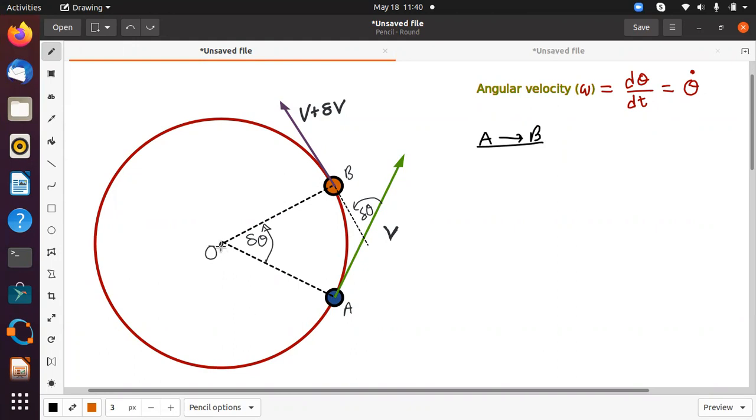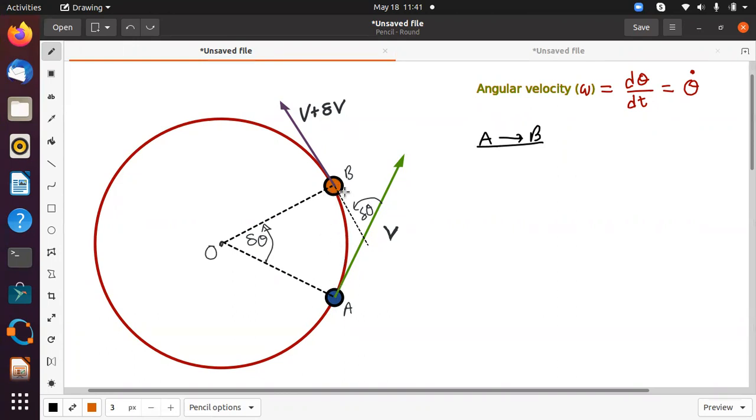This circle has a center at O. We have taken two positions, A and B. We're going to analyze the motion of this particle from A to B. When it travels from A to B, it will make an angle.